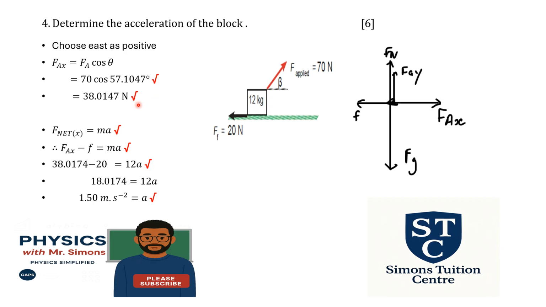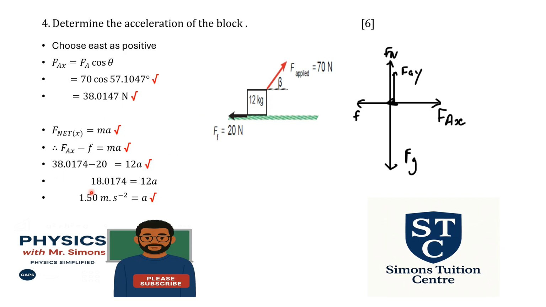Right, now, they want acceleration, so my net forces in the x direction would equal my mass times acceleration, Newton's second law. So that gives me applied force in the x direction minus the friction must equal my mass times acceleration. So another mark there for understanding which forces work in the x direction. Fax was 38,0147 newtons. Friction was given as 20 newtons.